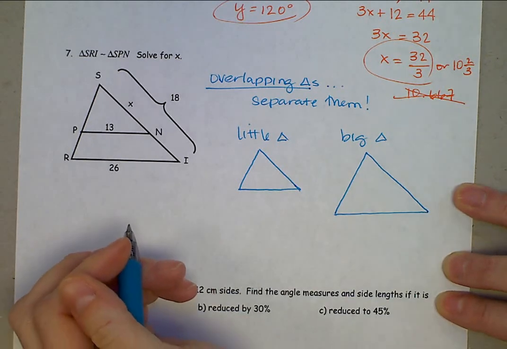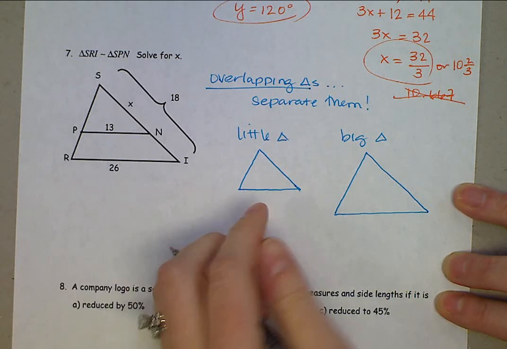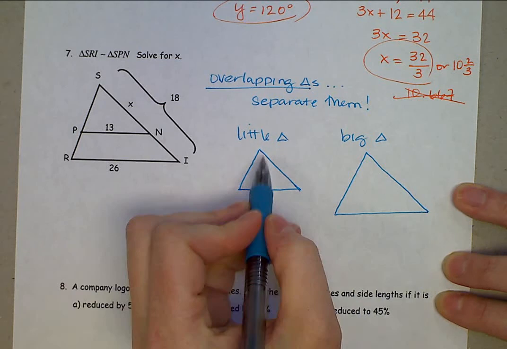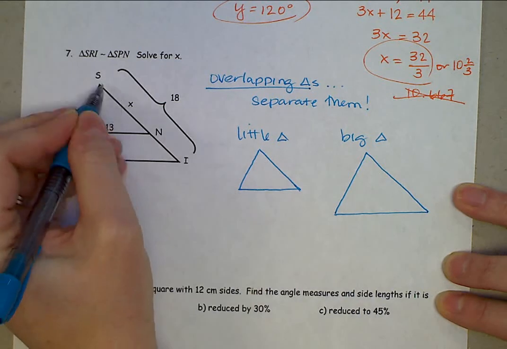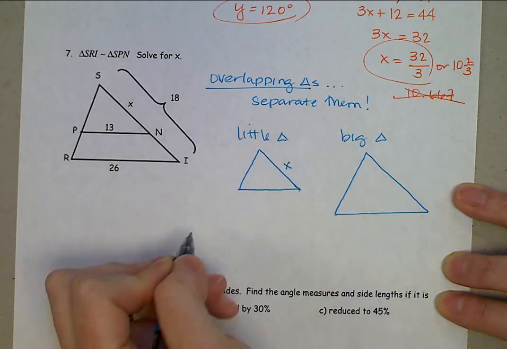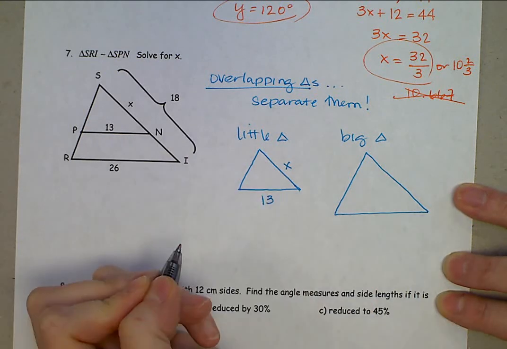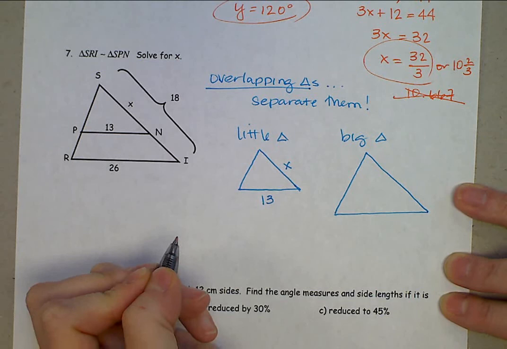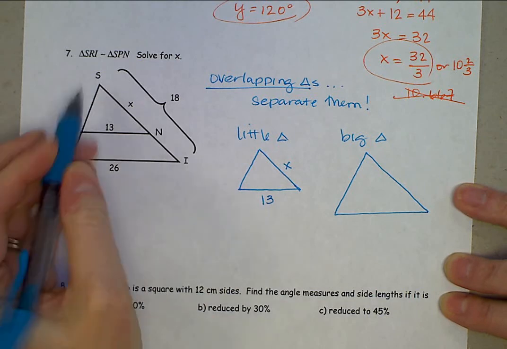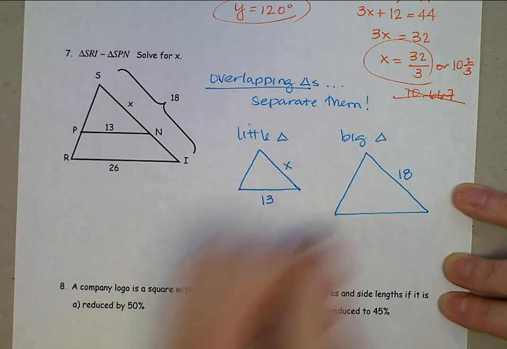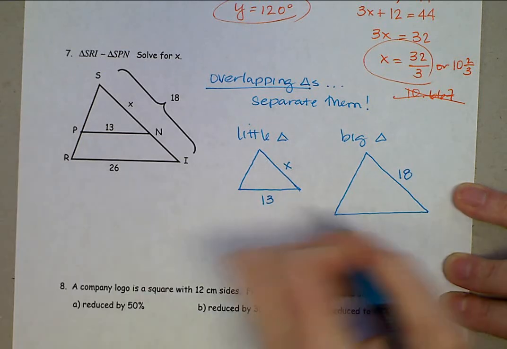Here's my bigger triangle. Clearly not quite the same size, but that's alright. In the little triangle, SNP, it looks like this side here on the right is x, and the bottom is 13. In the big triangle, SIR, this whole right-hand side is 18, and the whole bottom of the big triangle is 26.